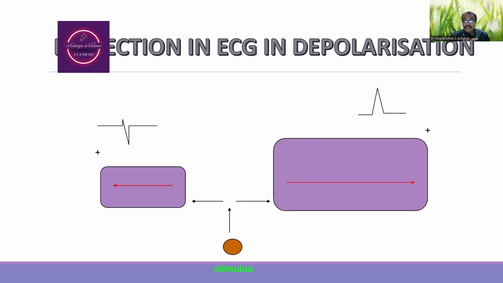That is responsible for the small r and prominent S wave in the ECG recording. Whereas the larger myocardial cell is responsible for the prominent positive deflection, and there will be no negative deflection because of the myocardial cell size.